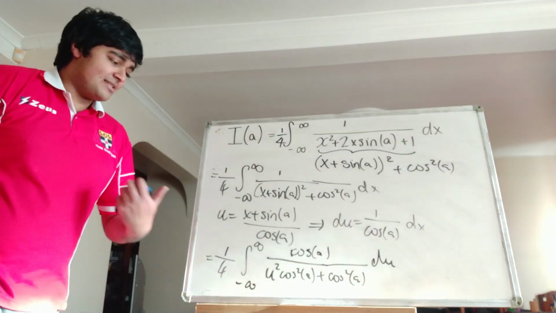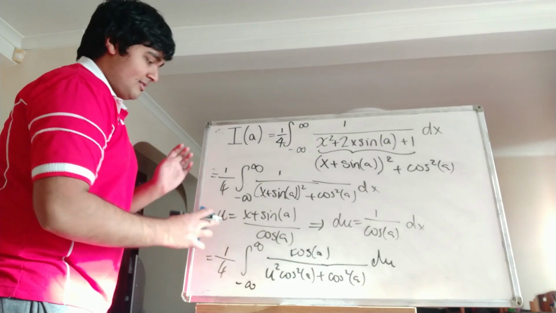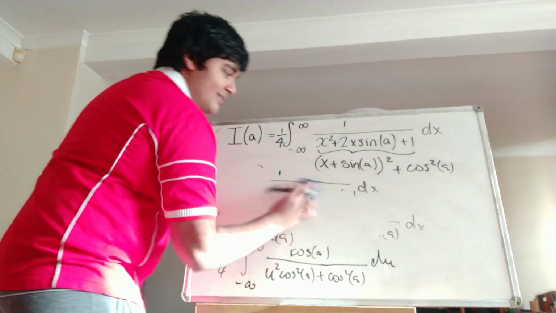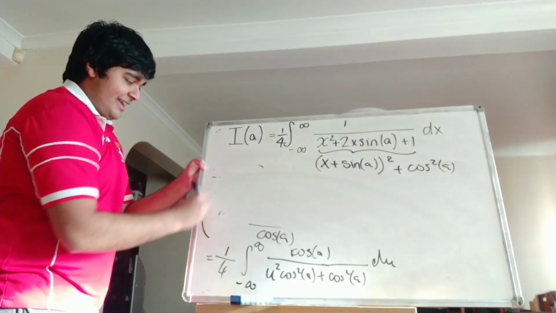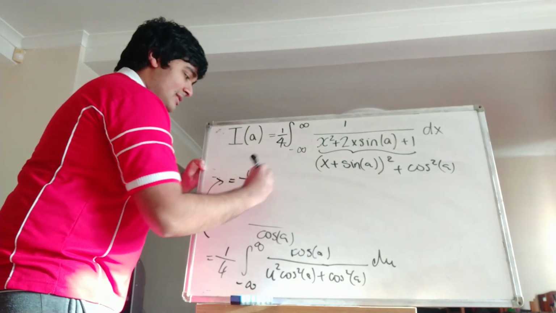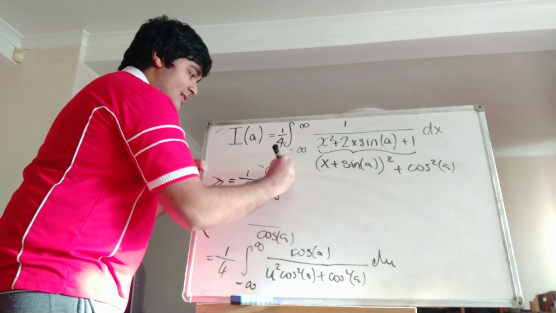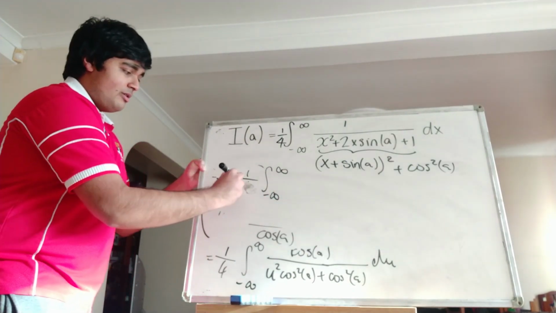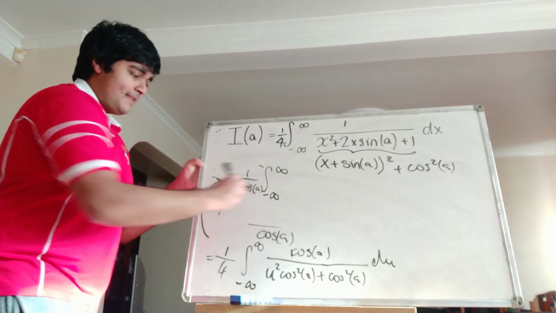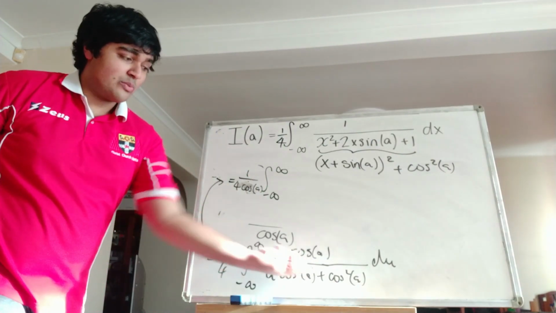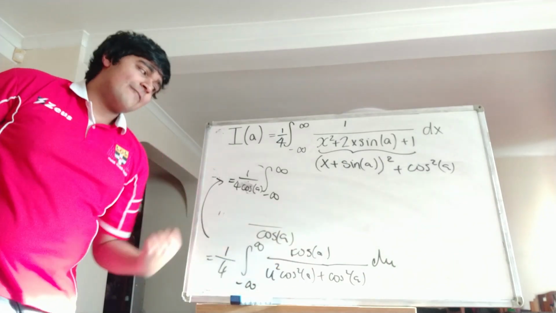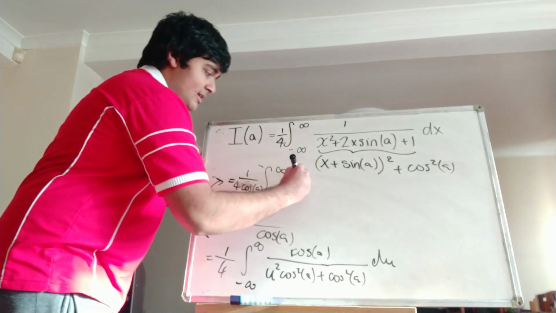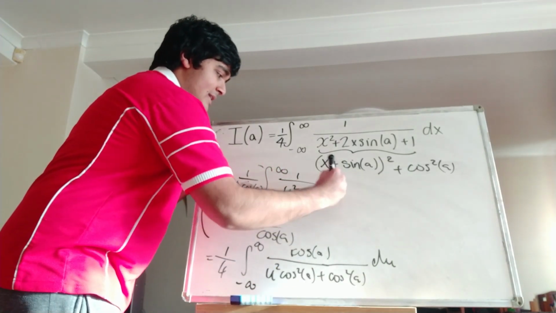So this integral here is equal to a quarter times the integral from negative infinity to infinity. In fact, it's 1 over 4 cos a. So this cos a cancels with one of the cos a's in the denominator, so factoring the other one out, 1 over u squared plus 1 du.